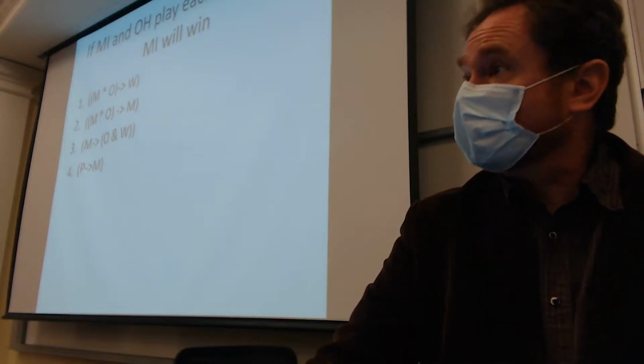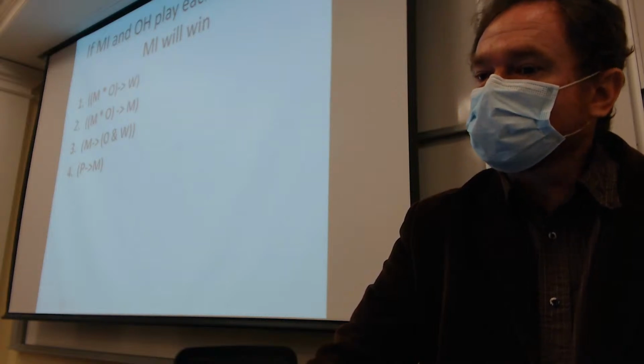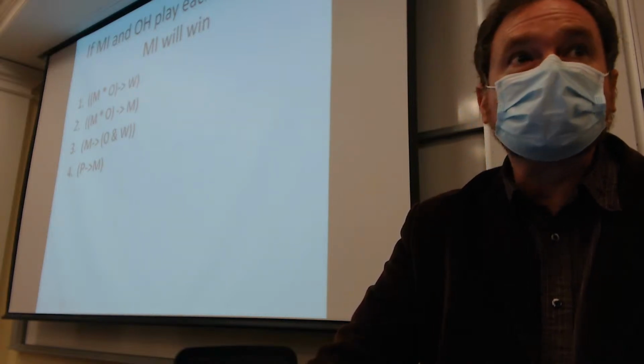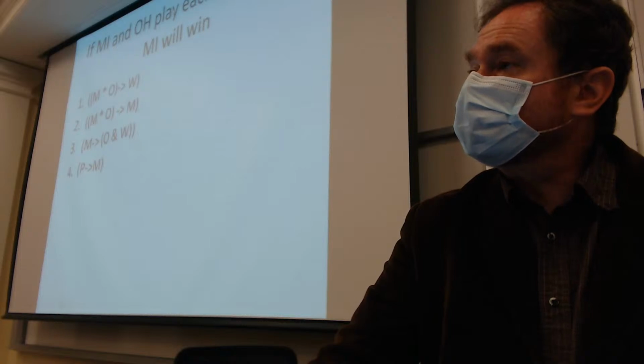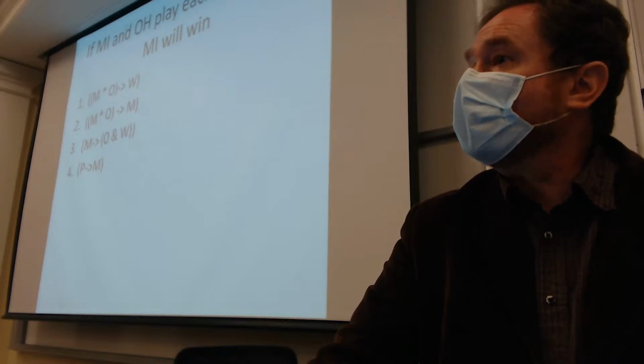Most people get this one wrong. And here's why. How many truth claims are in this first clause? Most people mistakenly think there are two truth claims, but there's only one.